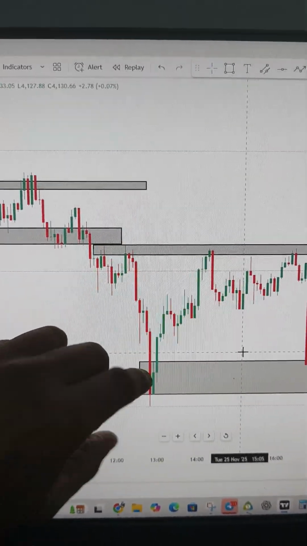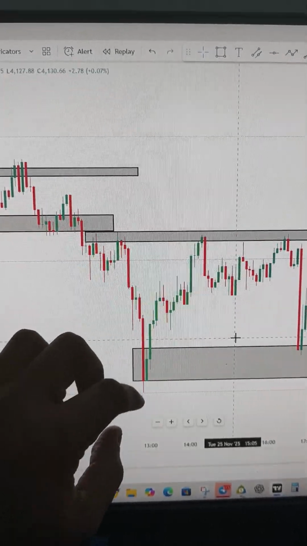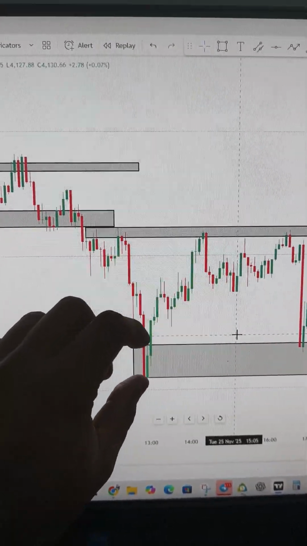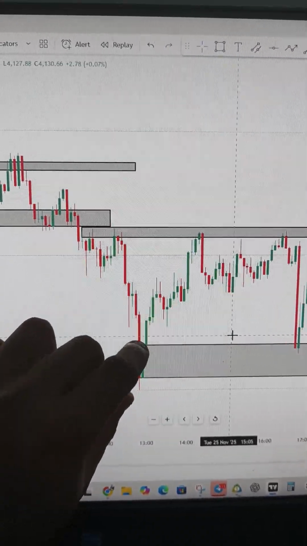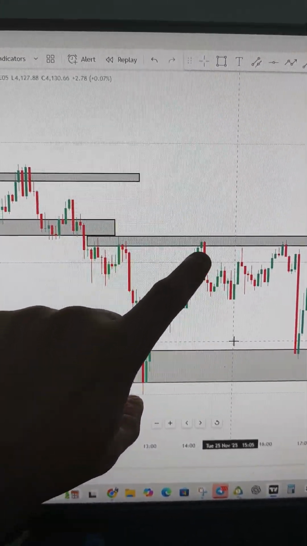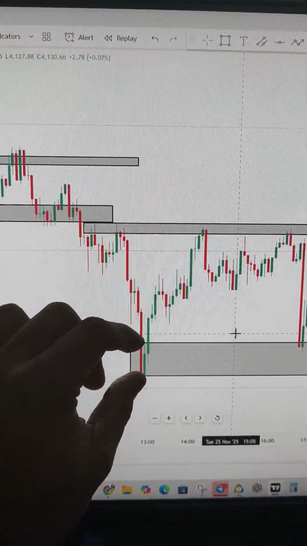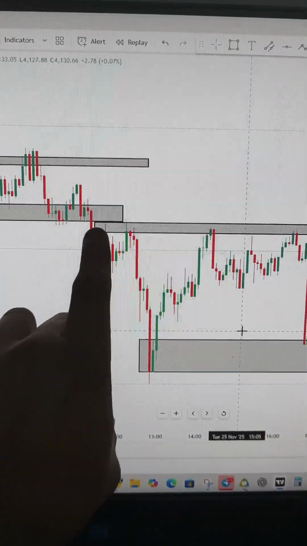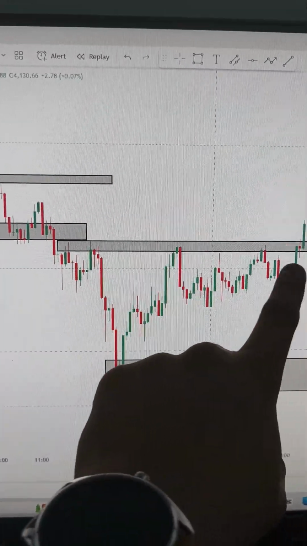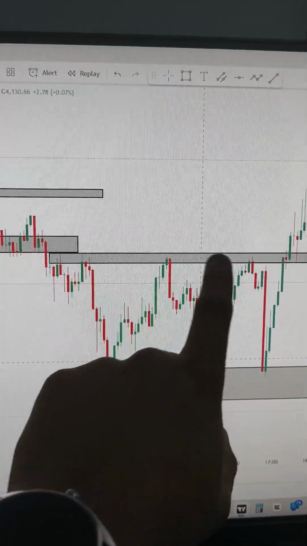This green candle is the reversal, the candle closure here, and it breaks and starts to make new buy side volume. So this is the candle we need to consider as a demand zone, and the rejection will go to the resistance point. Last time we sold from here also.